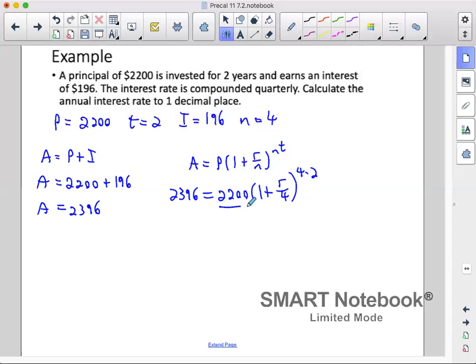Rearranging, first thing I'll do is divide both sides by 2,200, which gives me 1.089 for the left side of my equation, is equal to (1 plus R over 4) to a power of 8.